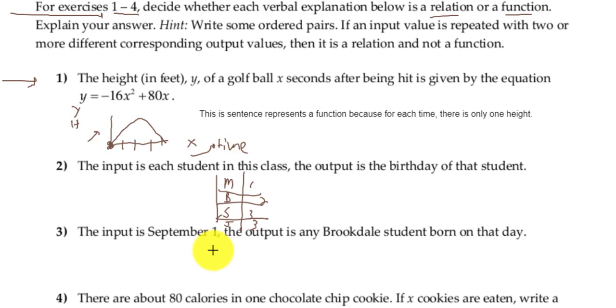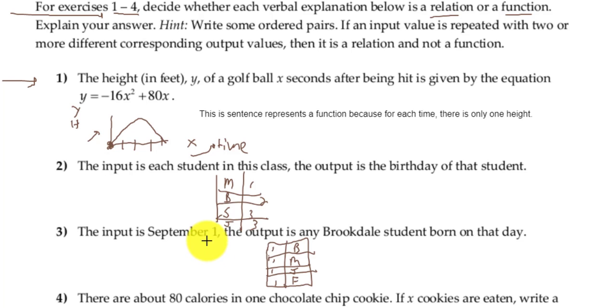If you think about that, if I had a table and my input was September 1st, you might think of this as September 1st, September 1st, September 1st, September 1st, and then maybe Bob has a birthday on September 1st, and Mike, and Jen, and maybe Fred.